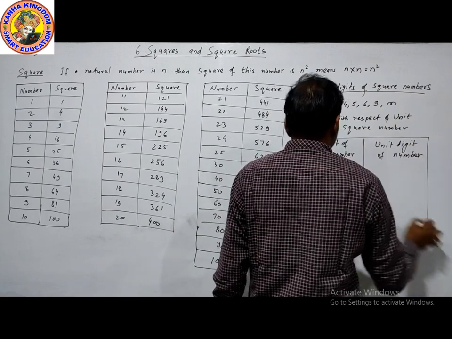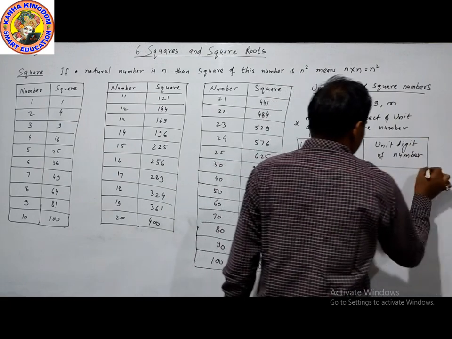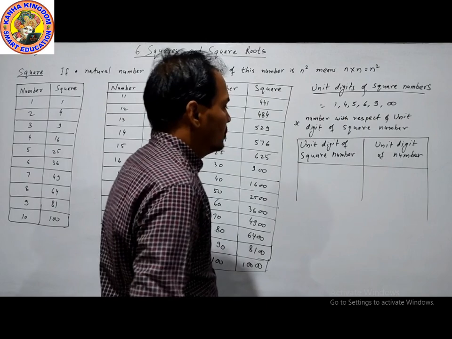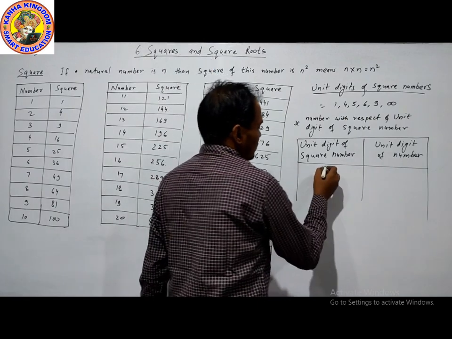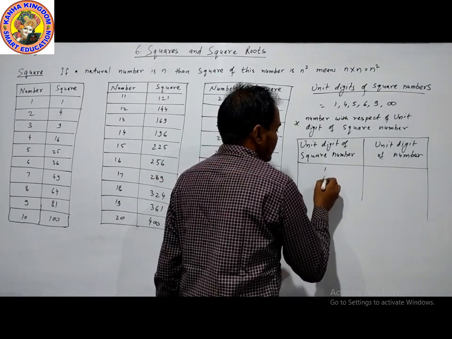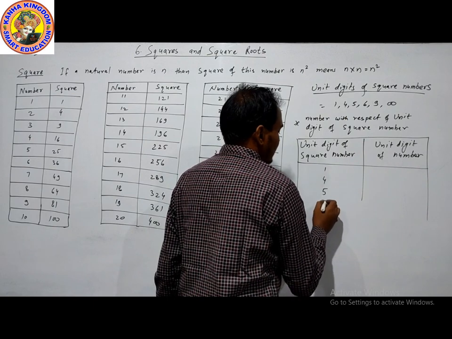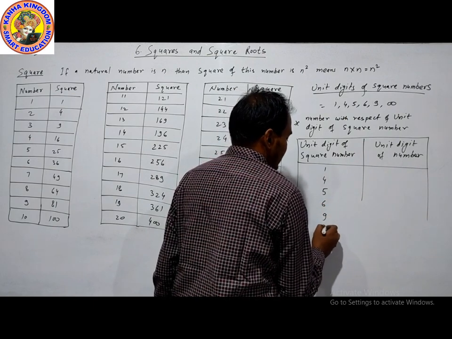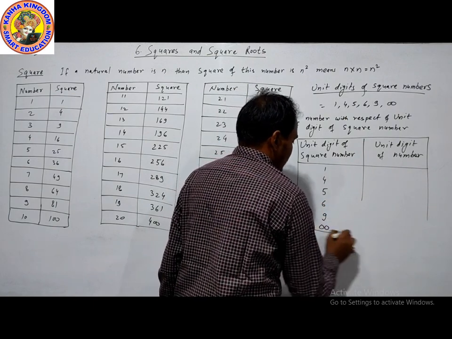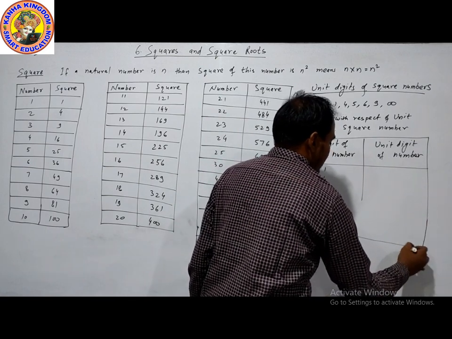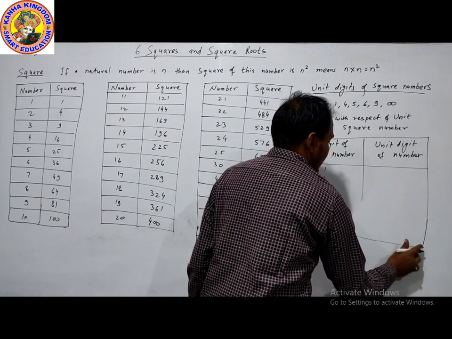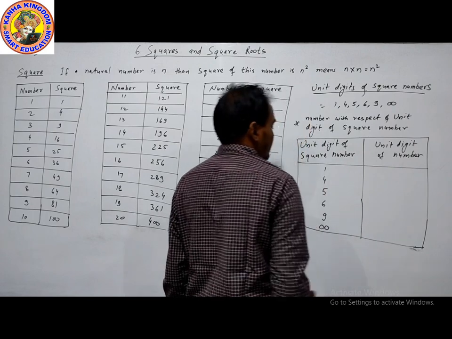This is our other table. In the unit digit of the square number, we get 1, 4, 5, 6, 9 and 00. These are the numbers in which we get the square number.